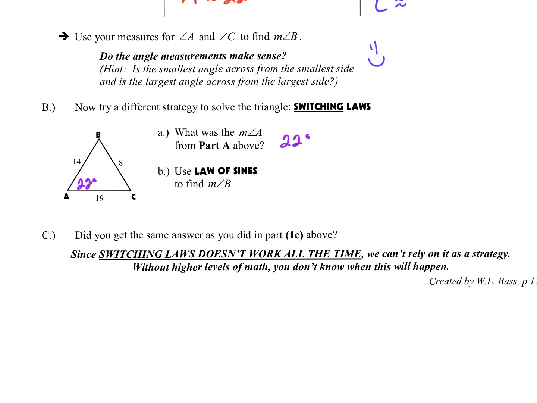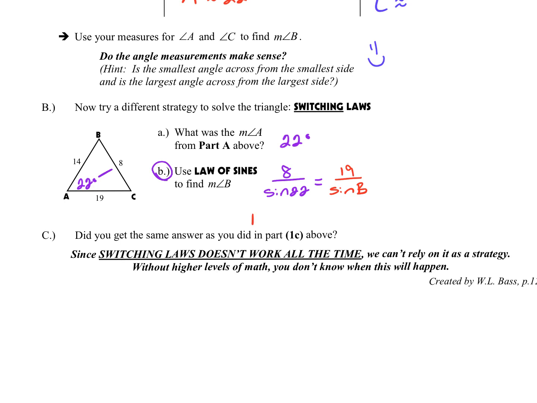Now, if you decided to do this crazy shenanigan and switch, you would say, oh, look, I have a link. And if you try to do that and say 8 divided by the sine of 22, and then say, oh, well, I can find B by saying 19 over the sine of angle B. And we go through and we would set that up just like we've been doing so far.